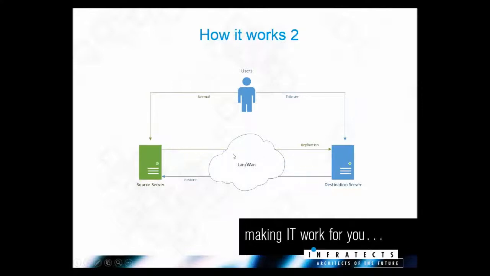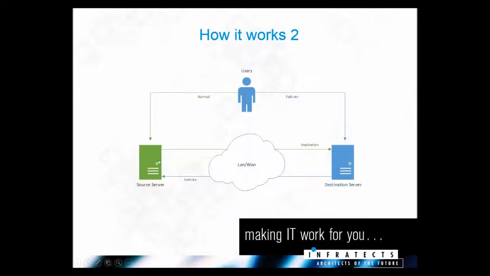And that can be a link between server 1 and 2 in the same data center using LAN, or it can be in a different data center over a WAN connection. It's all possible in this software package, and your users won't even notice that this destination host is there.